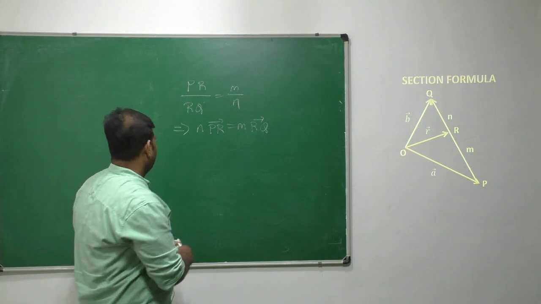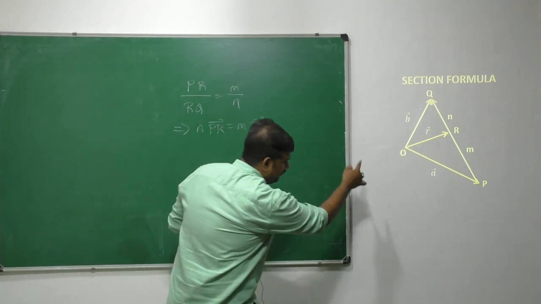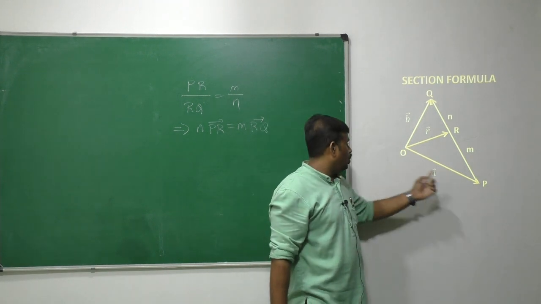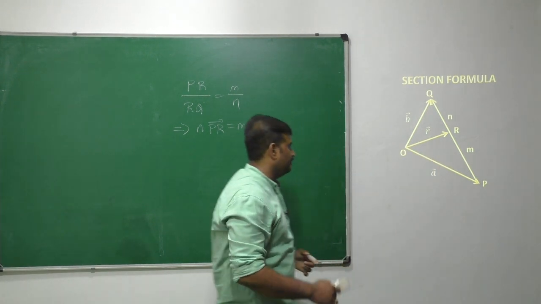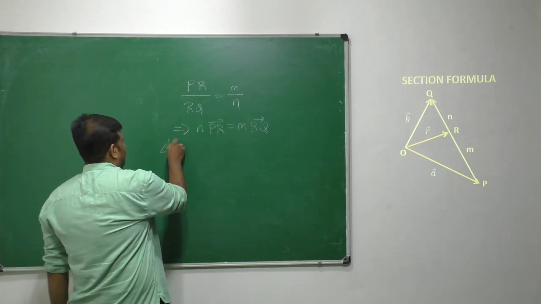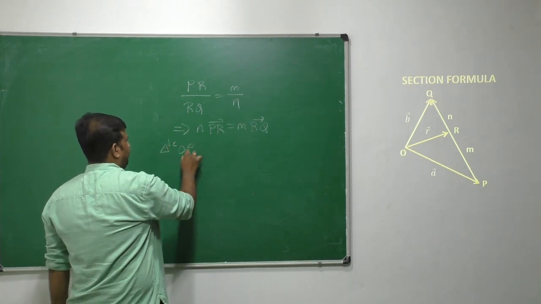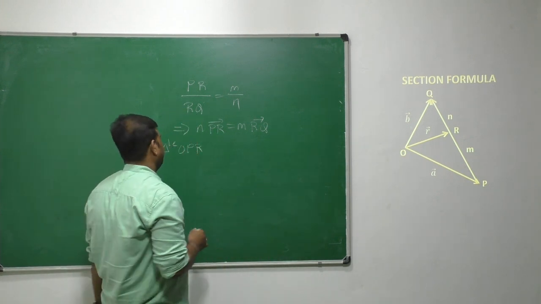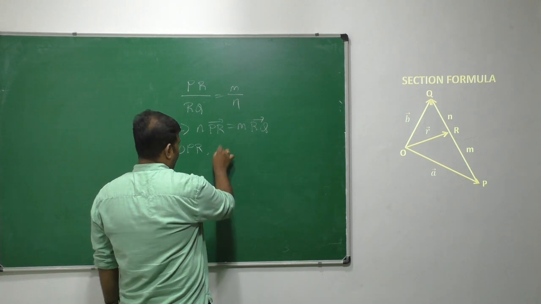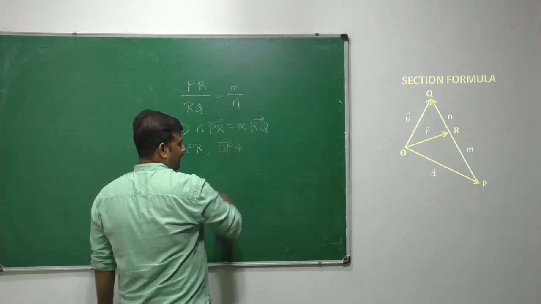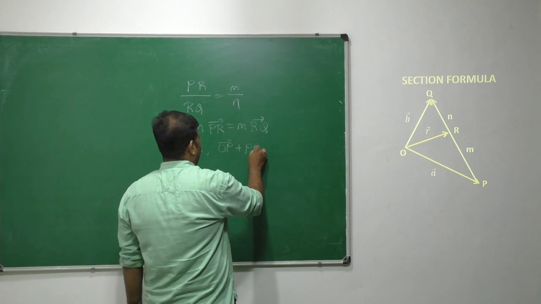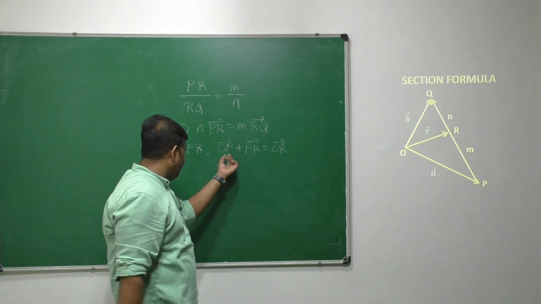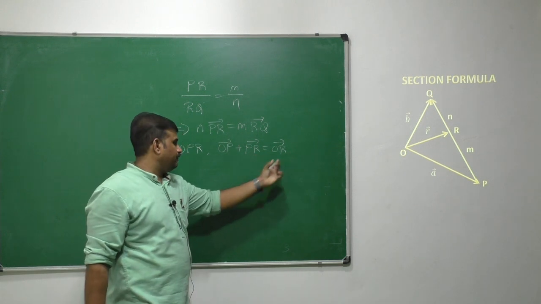Now from this lower triangle, OPR is a triangle. From the triangle OPR, now applying the triangle law of addition, clearly vector OP plus vector PR is equal to vector OR.